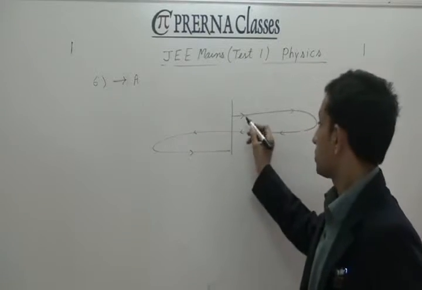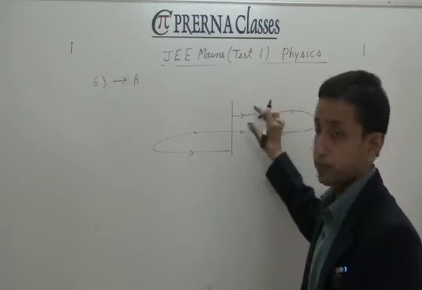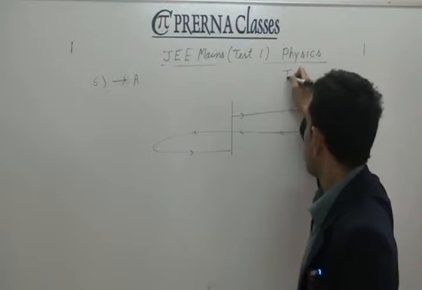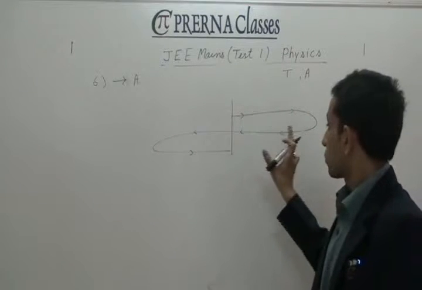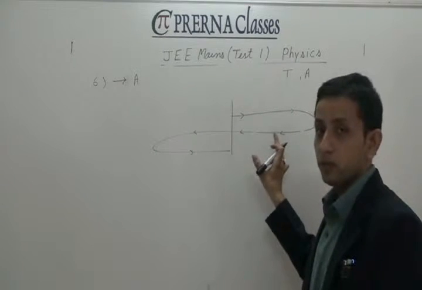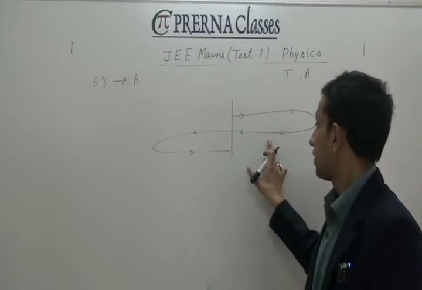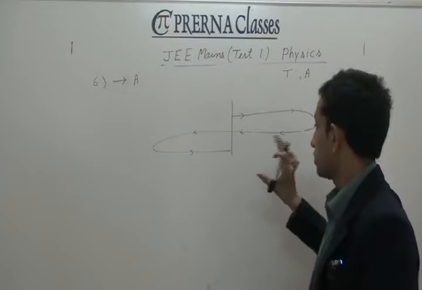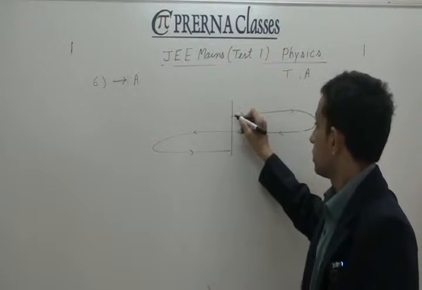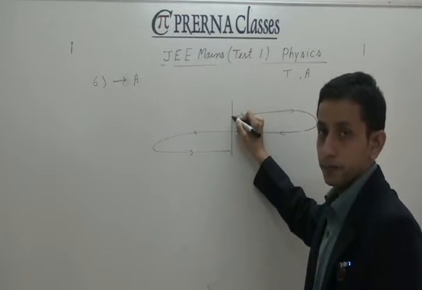Okay, question number 6. We have an SHM whose time period is given T and amplitude is A, and the question asked is to find the minimum time to cover a distance A in this whole SHM. So for this, suppose we start from this point.